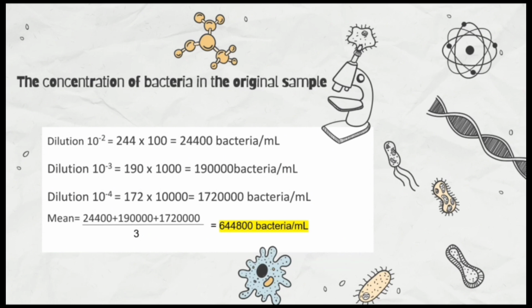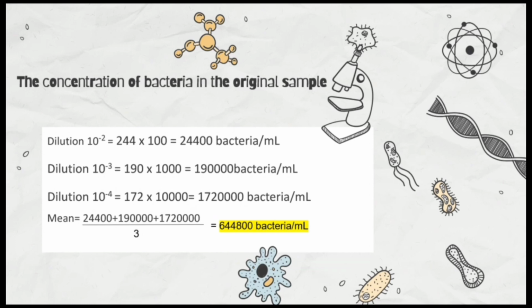To calculate the concentration of bacteria in the original sample, multiply the colony forming units by the dilution factor. The concentration of the bacteria in the original sample for each dilution is calculated. Then add all the concentrations of the bacteria in each dilution.